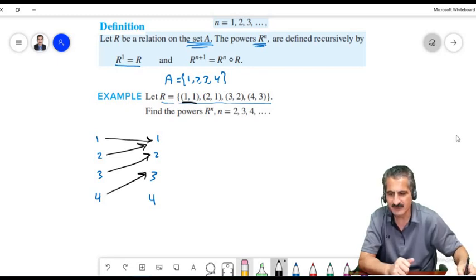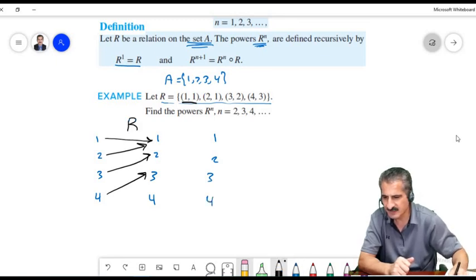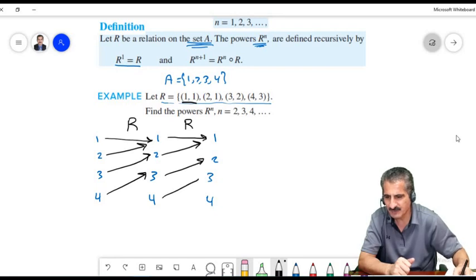Okay? Now, if you want to compute R square, that means I want to represent the relation again. So this is R. Now I want to present R again. So 1 goes to 1, 2 goes to 1, 3 goes to 2, and 4 goes to 3.